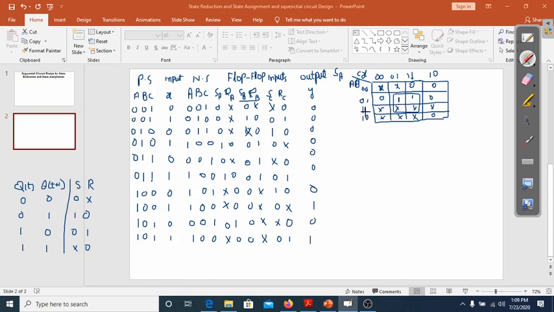The A prime will cancel with the A, so I will get B, and the C complement will cancel with C. So SA is equal to B X. Similarly, you can work for RA.